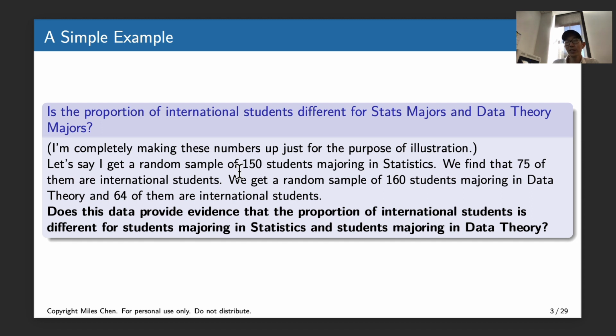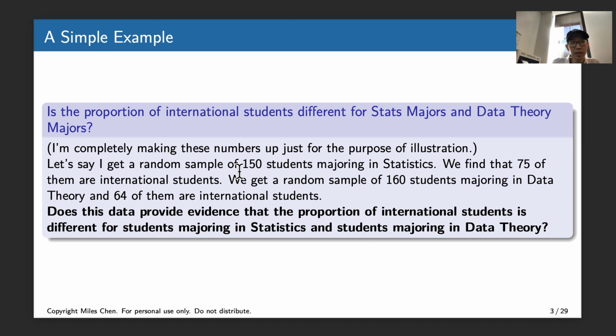I'm just making up these numbers, but one example is: is the proportion of international students different for stats majors and data theory majors? Let's say I get a random sample of 150 students majoring in stats, and 75 of them are international students. So 75 out of 150, that's half.